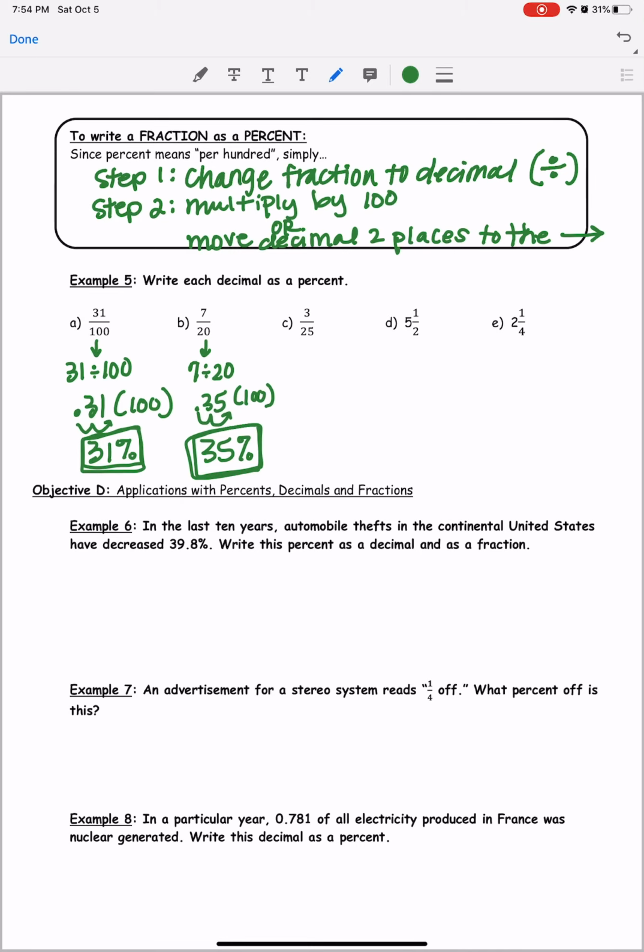Okay, same thing here. On C, divide in your calculator. 3 divided by 25, you're going to get 0.12. So take that and multiply by 100 or move it 2 places over to get 12%.